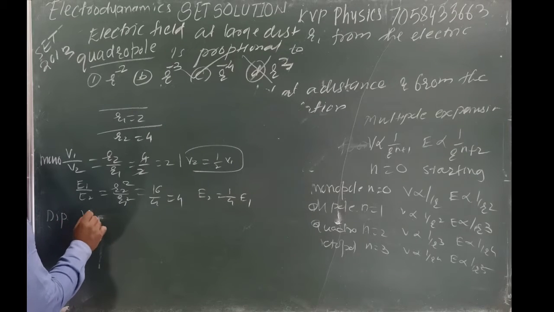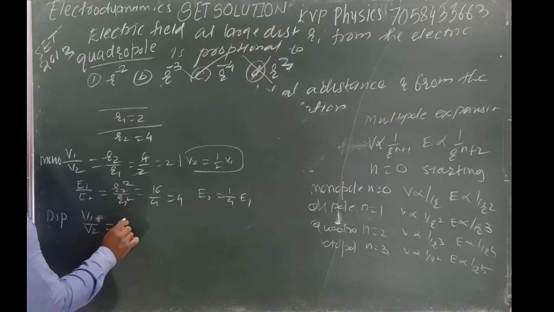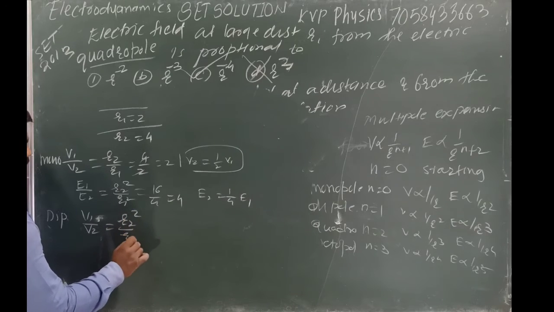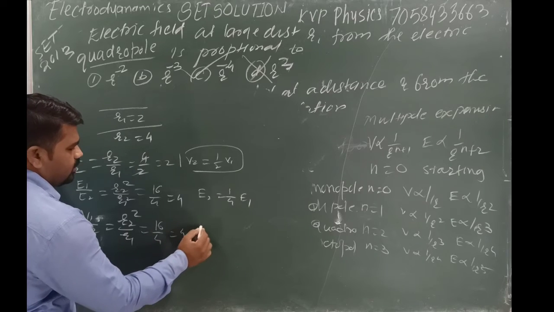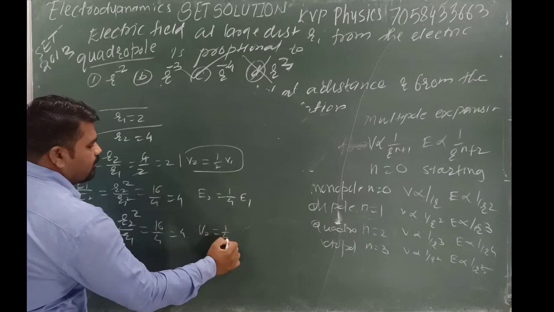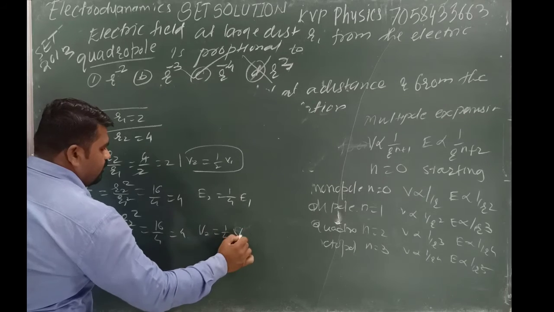Dipole. V1 upon V2 is equal to R2 square upon R1 square. Okay, means 16 by 4 is equal to 4. Means here V2 is equal to 1/4 of V1.